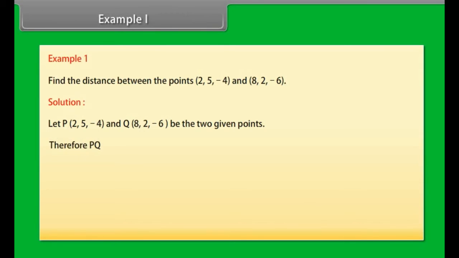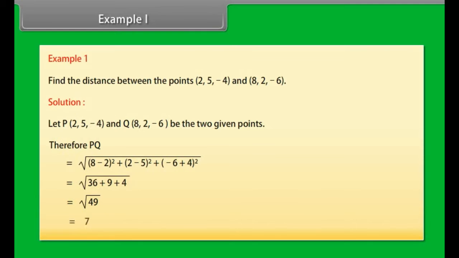Therefore, PQ is equal to square root of (8 minus 2) square plus (2 minus 5) square plus (-6 plus 4) square, is equal to square root of 36 plus 9 plus 4, is equal to square root of 49, is equal to 7.